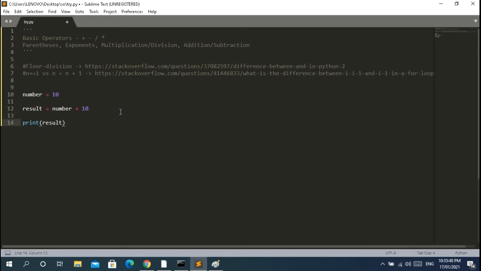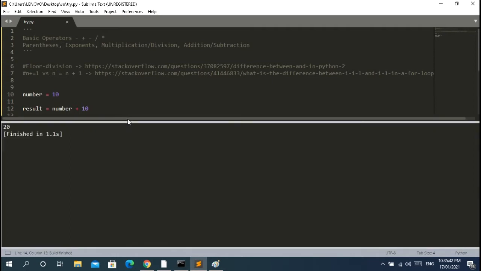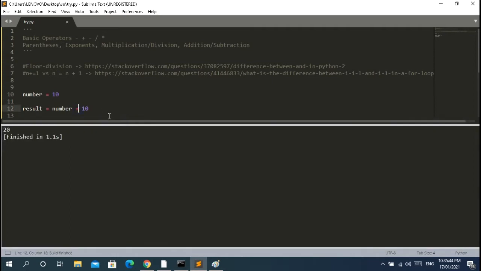It will print 20, let's say, subtraction 0 of course, then multiplication 100, then division 1.0. For example, let's divide 10 by 2. It will be 5.0 because 2, 4, 6, 8, 10.